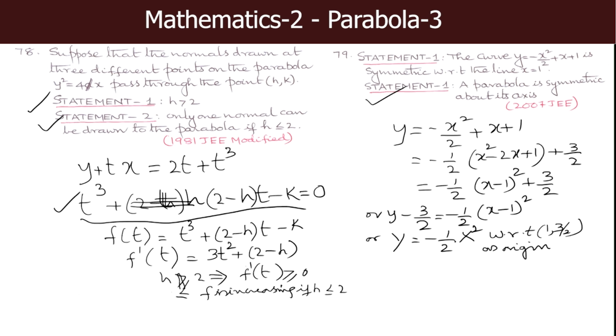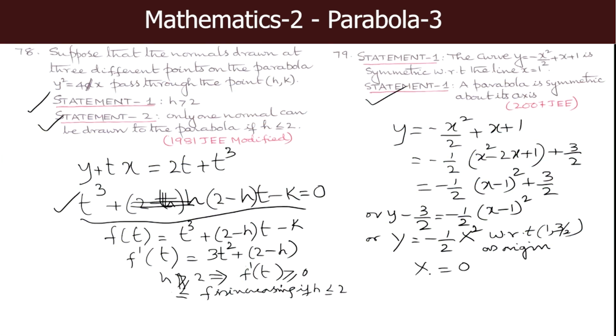X square equal to minus 4ay has the same axis as x square equal to plus 4ay, that is the y axis, which means capital X equal to 0. But capital X is the same as x minus 1 equal to 0, so x equal to 1 is the axis of symmetry. That is the line given here. Therefore, the axis of symmetry for this parabola is x equal to 1.